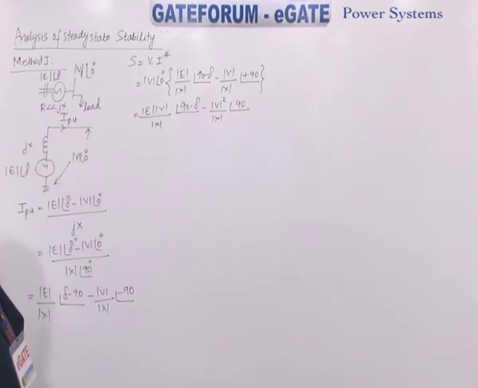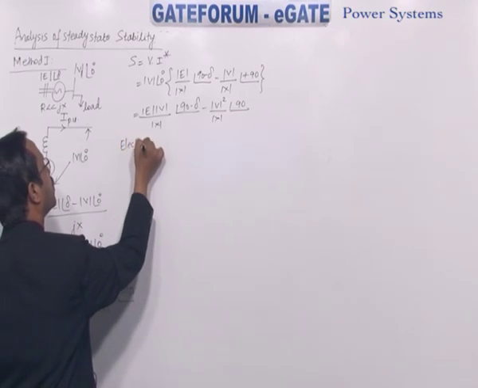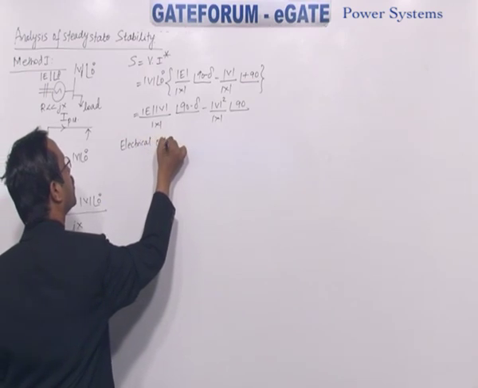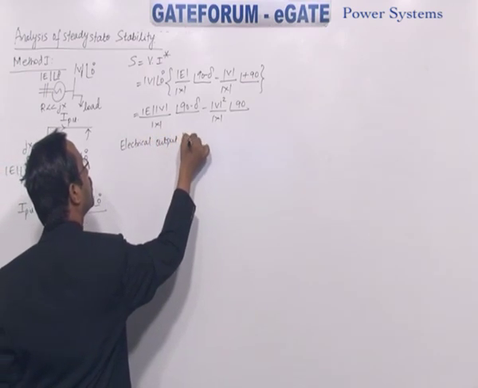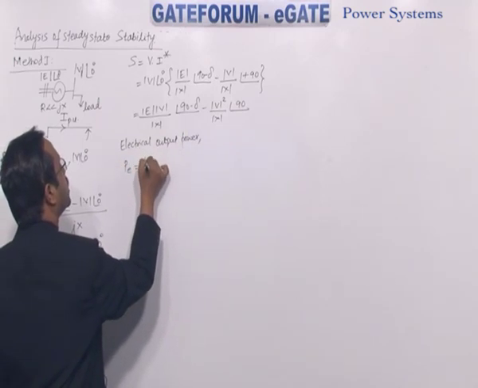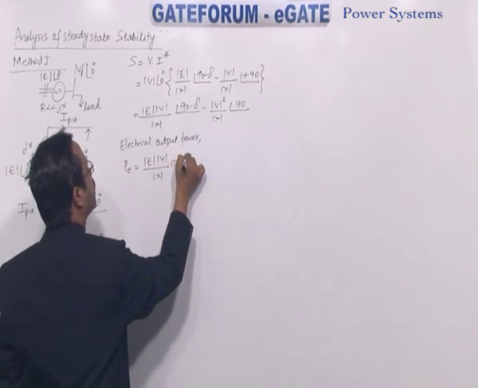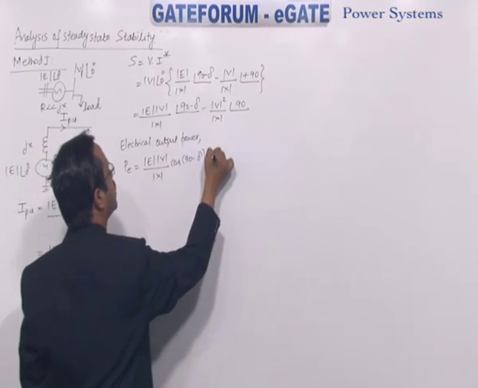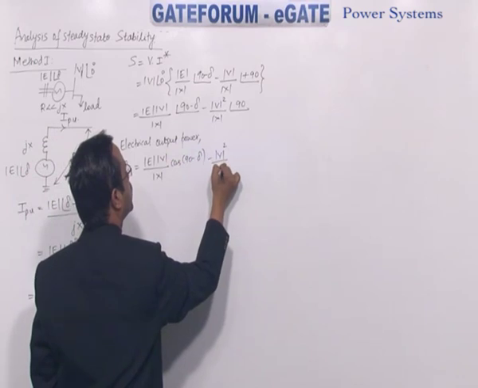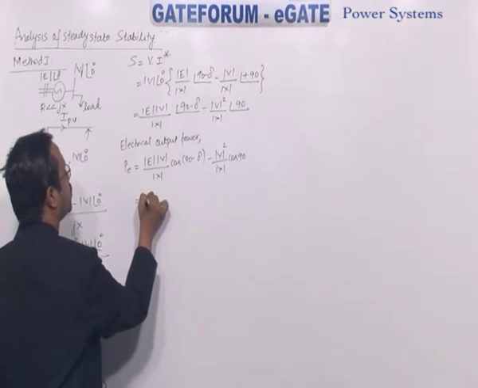So from this, how do you find the active power? The electrical power output PE, how do you write? Take the real part: cos of 90 minus delta times EV by X, minus V square by X cos 90. Cos 90 is 0.